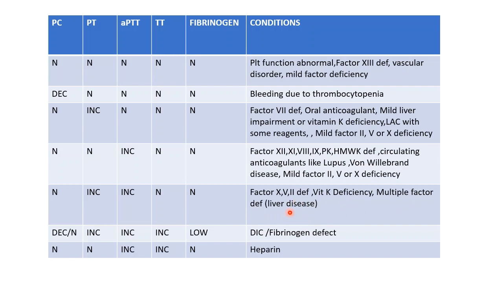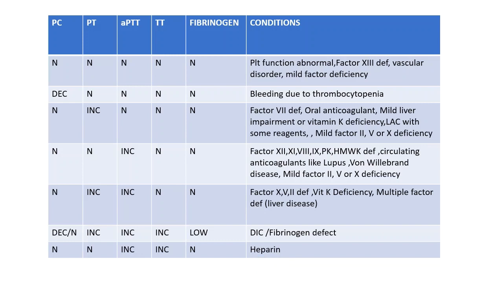The other scenario, with an increased PT, APTT, TT with a low fibrinogen: if the platelet count is also reduced, consider defects like DIC. If the platelet count is normal, then fibrinogen deficiency is to be thought of. And the final scenario, where there is an increased APTT along with an increased TT, usually very markedly raised values, then heparin contamination is the most important cause.